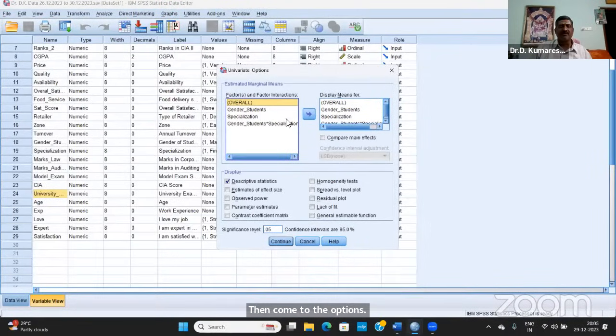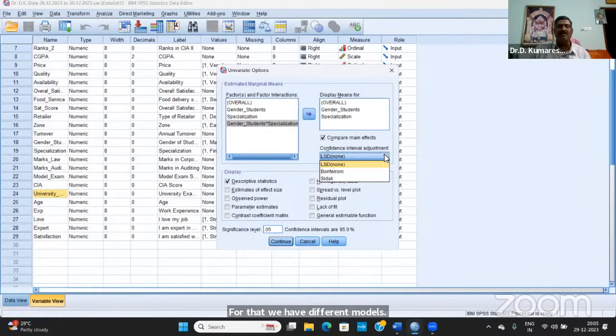Here we have selected all the factors. Not only the factors, factor interactions also we have selected. Sometimes if we don't want factor interaction, we can keep it off. Only factors are taken. Suppose if we want to compare mean effects, we can go for compare mean effects. For that, we have different models: LSD, then Bonferroni and Sidak.